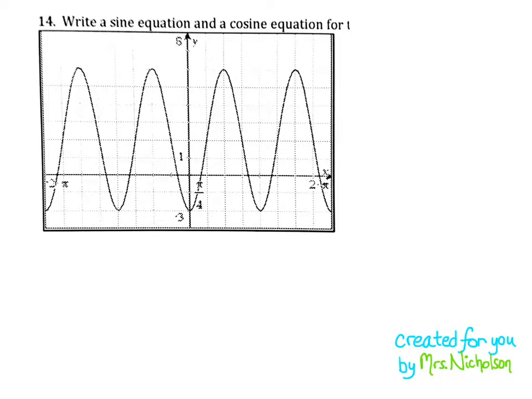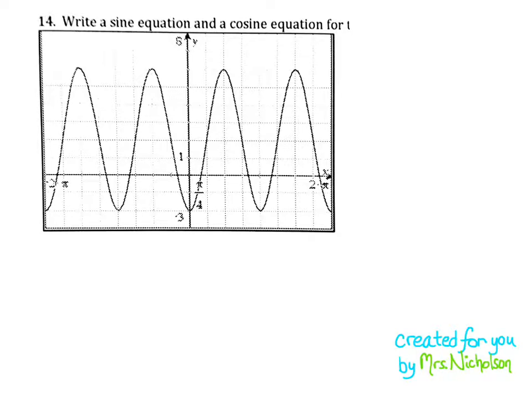All right, last 2 questions. We're going to write an equation for these graphs, a sine equation and a cosine equation. So the first thing that we need to do, let's do a sine equation first, is sketch a window pane that frames in 1 cycle of sine. Now I know that sine starts in the middle and it goes up.